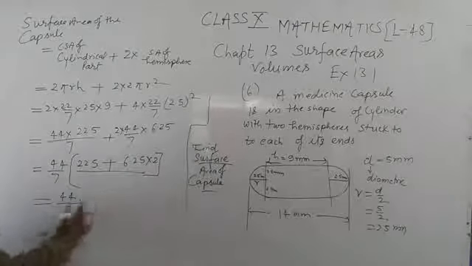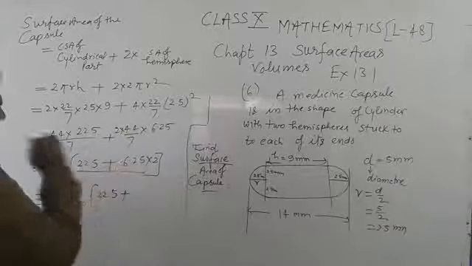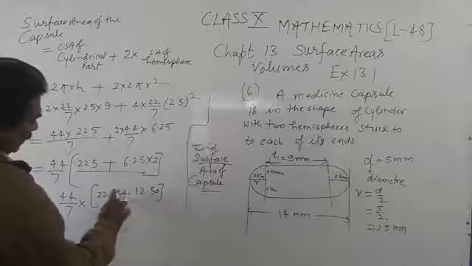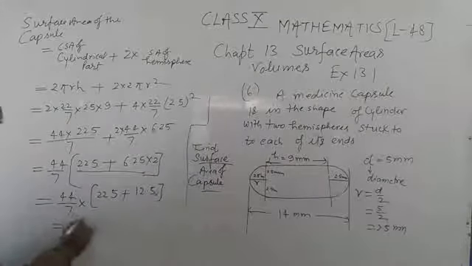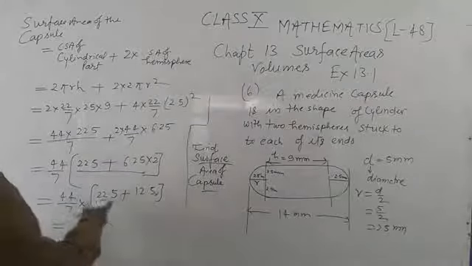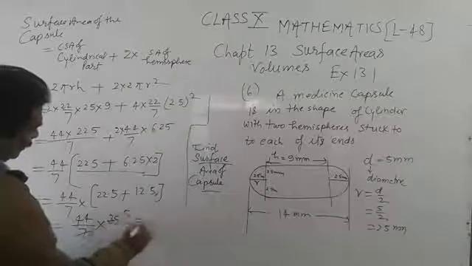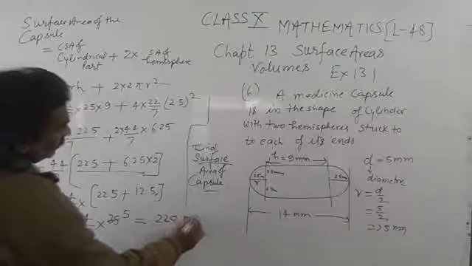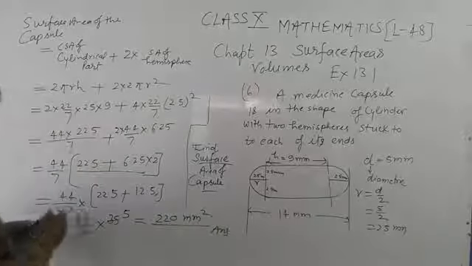Now finally we get 22.5 plus 12.5, and if we add, 44 upon 7 times 35, 5 7 35, is equal to 220 millimeter square. Students, this is the answer of your question.